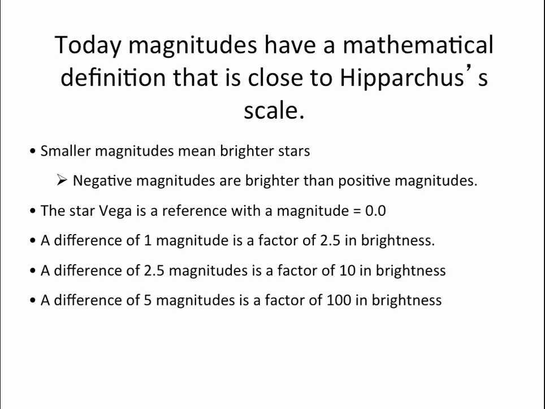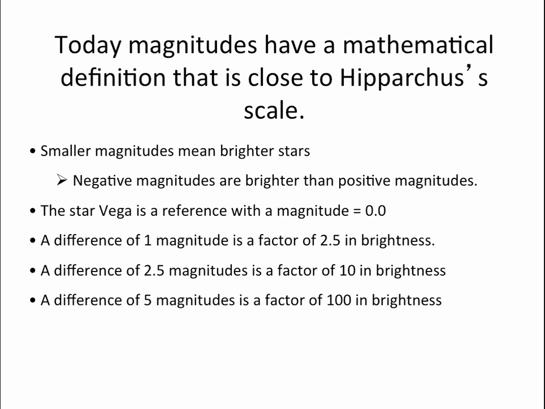So with Vega at magnitude 0, a star of magnitude 1 is 2.5 times fainter than Vega. And a star of magnitude 2 would be 2.5 times fainter than the star of magnitude 1, which itself is 2.5 times fainter than Vega, so these start multiplying together.